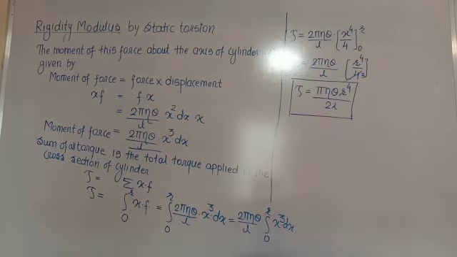So this is the expression for the torque Q required to twist the cylinder or wire by theta radian.